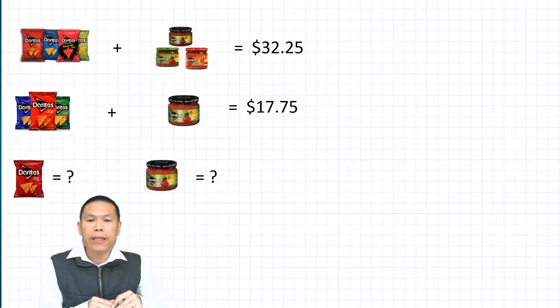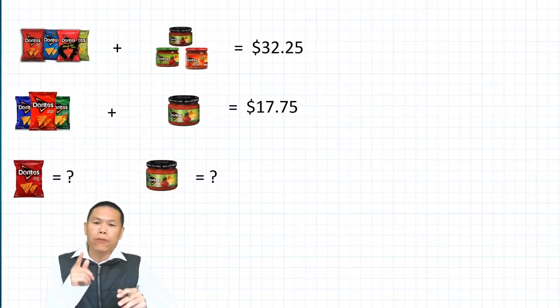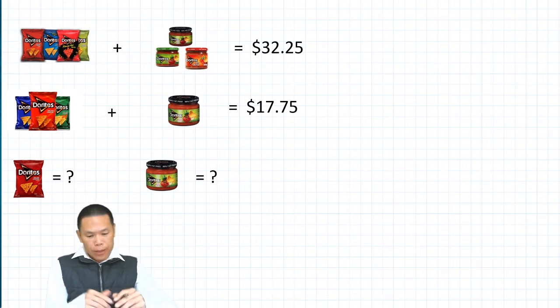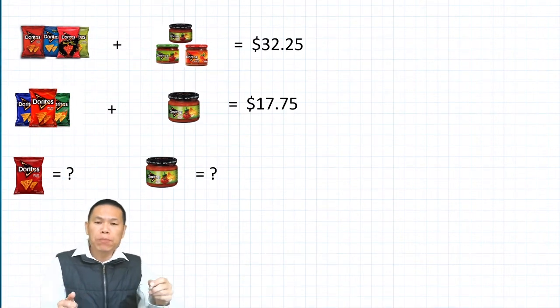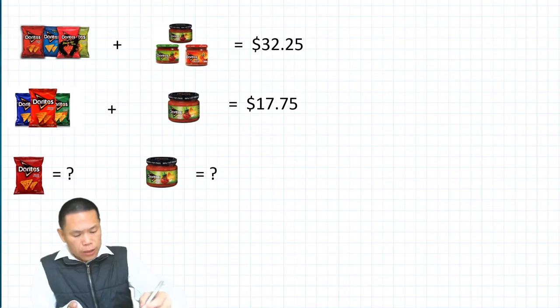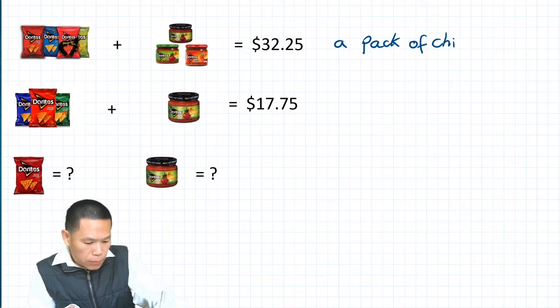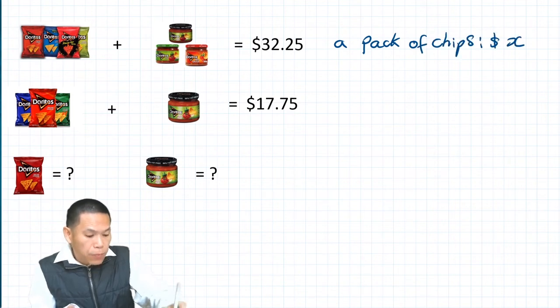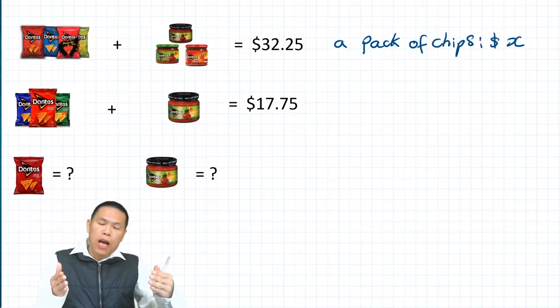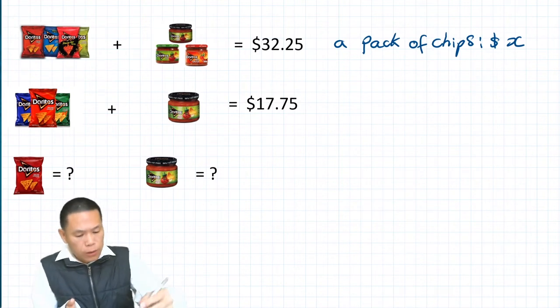Hi, I'm back. Let's go through this together to see if you got this one correct, okay? Now I can let a pack of chips cost x dollars, and a jar of salsa cost y dollars.